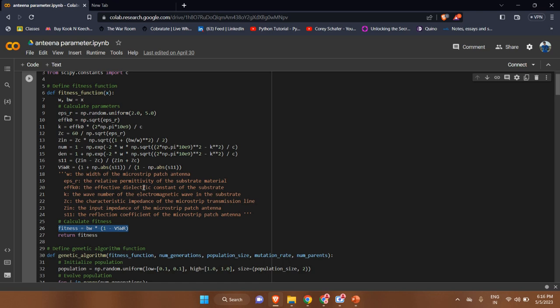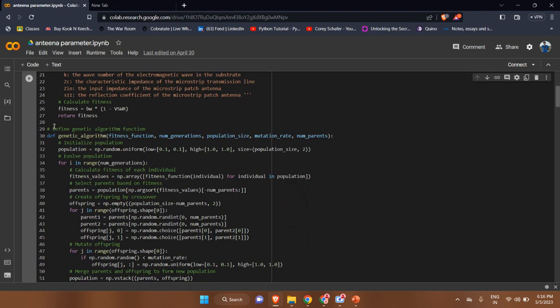These are the two parameters that I am going to optimize. These are the formulas, where S11 is the reflection coefficient, Zn and Zc are the input impedance and characteristic impedance, K is the wave number, etc.